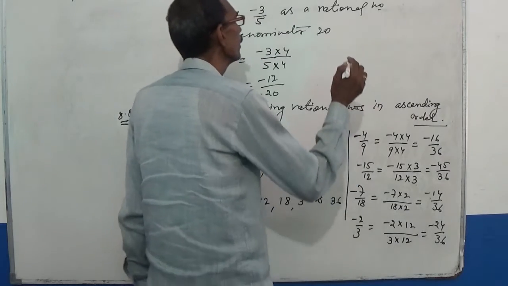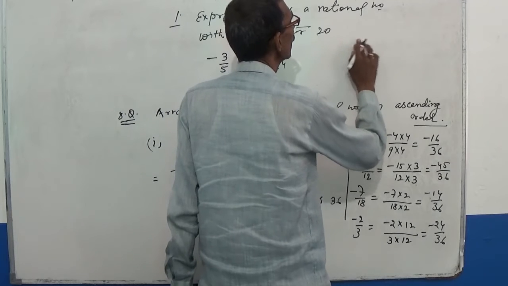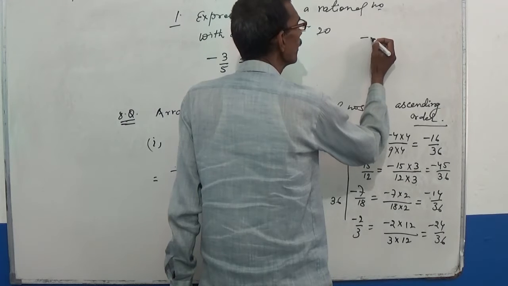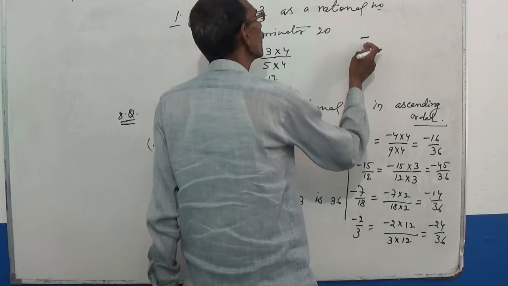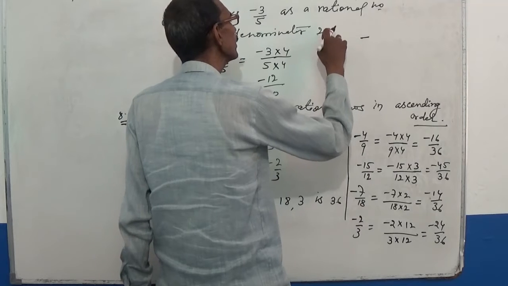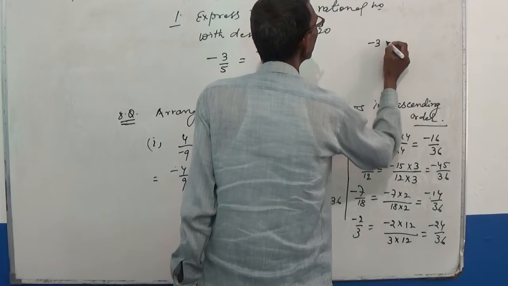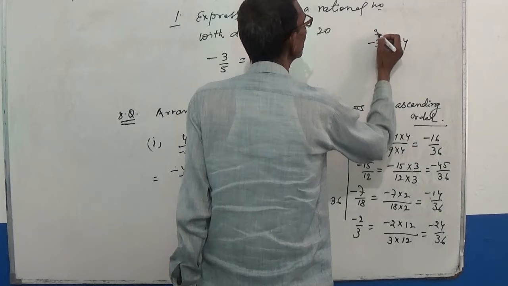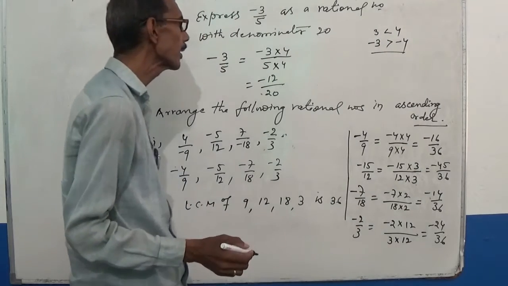One more thing: all negative numbers are greater than their successive numbers, that is minus 3 is greater than minus 4. In the positive form 3 is less than 4, but in the negative form minus 3 is greater than minus 4.